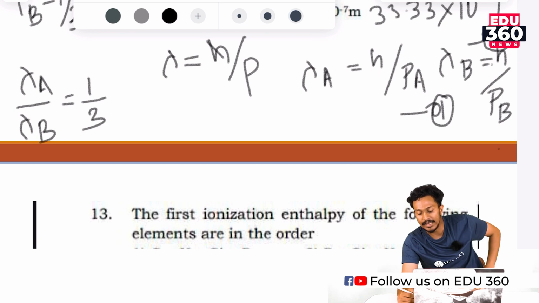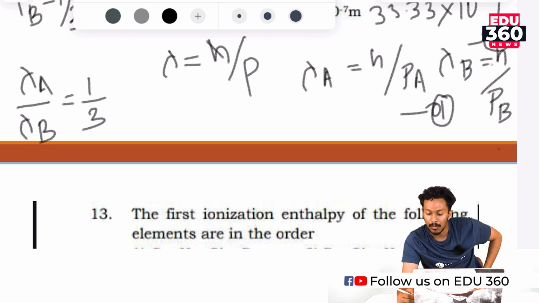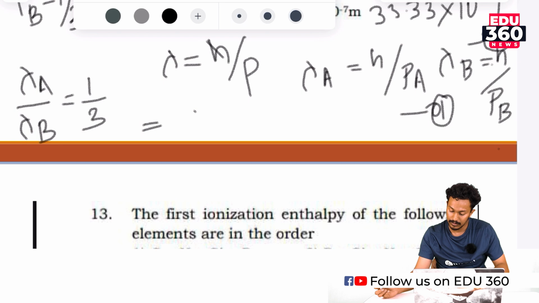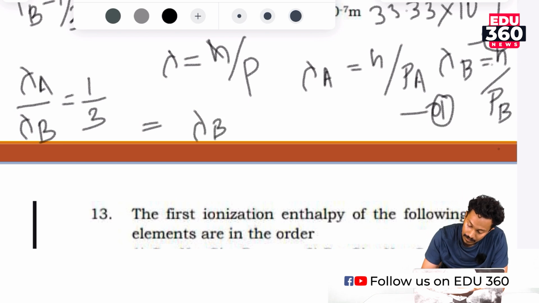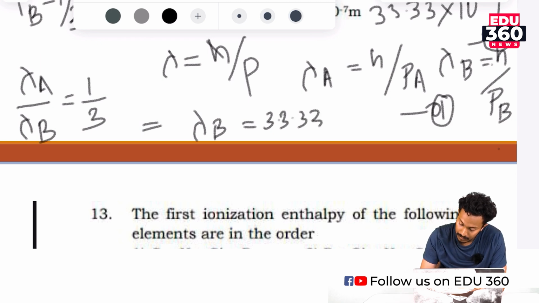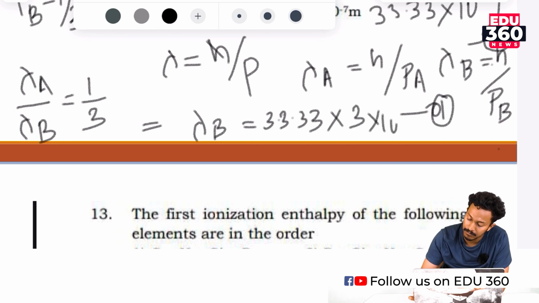We could cancel out both h and momentum of A particle and B particle by giving PA is equal to 1/3 PB. So we could get the final result by lambda A is equal to lambda B into 3, and with this we could write lambda B is equal to 33.33 into 3, okay, into 10 raised to minus 9.